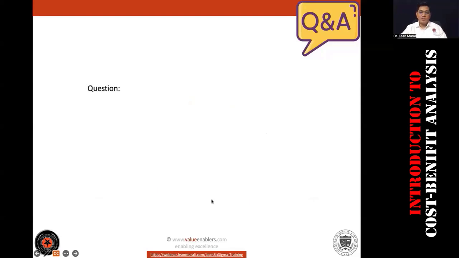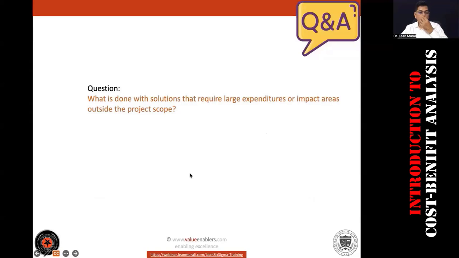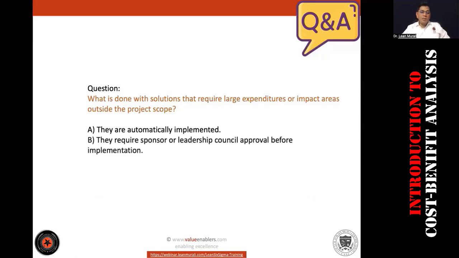Let's ask another question. All right, awesome. What is done with solutions that require large expenditure or impact areas outside the project scope? They are automatically implemented. They require sponsorship or leadership approval before implementation. They are ignored. They are prioritized over all other solutions.